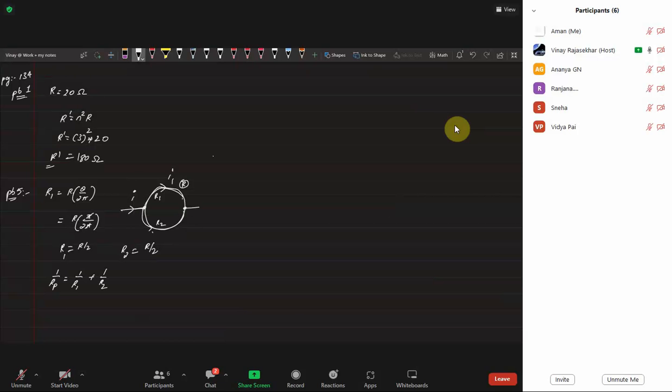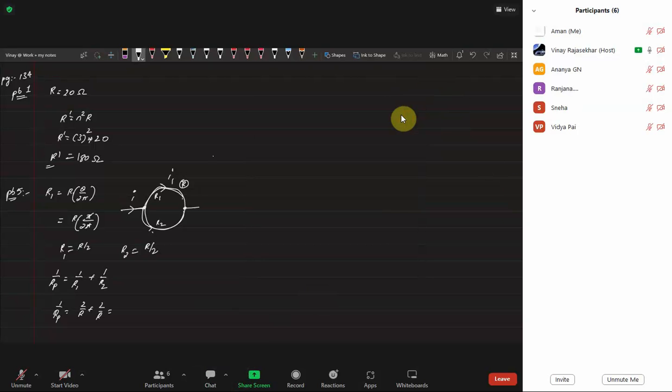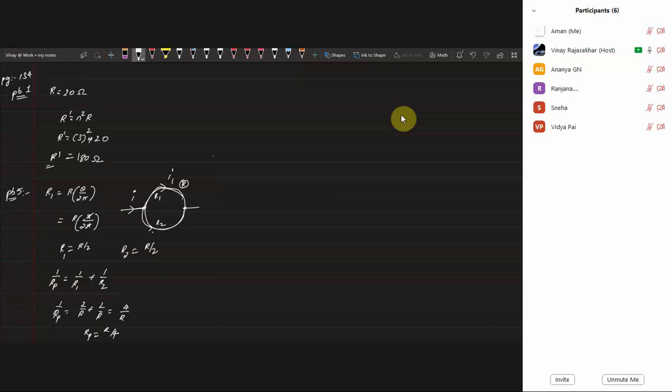That is 1 by R parallel equal to 2 by R plus 2 by R. You tell me what is this value? Sir, R by 4. Yeah, R by 4. So that is 2 by R if you take it as common, 4 by R. Then R parallel is equal to R by 4. This is the answer. So option A is correct.